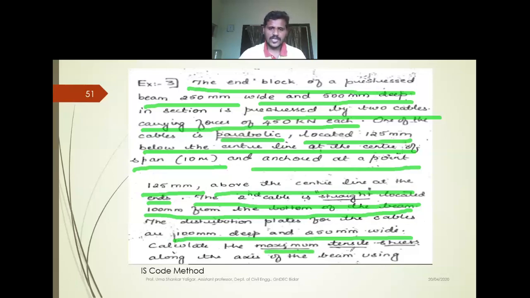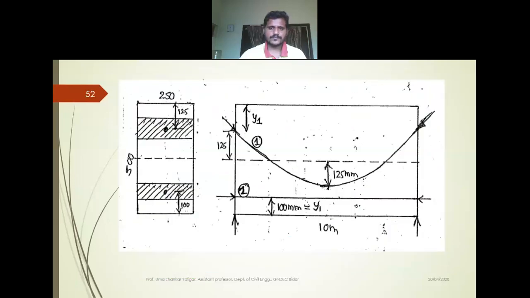Then he has asked you to calculate the maximum tensile stress along the axis of the beam using the IS code method. Here there are two cables, and for the two cables you need to calculate the maximum tensile stress. Now first we will see that one cable is at the center, 125 mm below the center line, but near the support it is 125 mm above the center line.